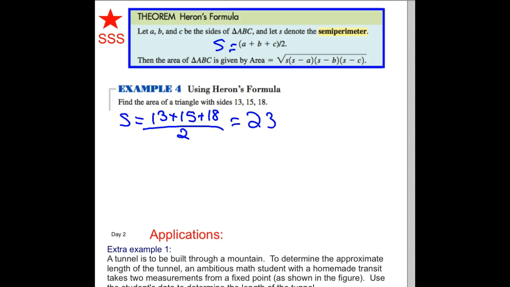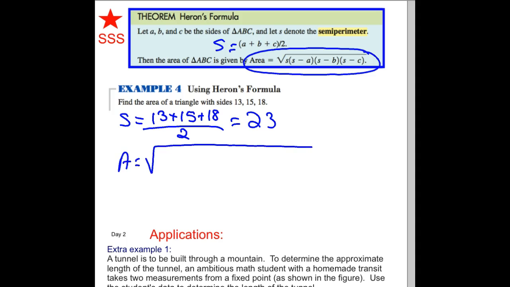And then what we do with that to find the area is this piece. It says take the square root of that semi-perimeter times the difference between that answer and each of my three sides. So S times S minus A times S minus B times S minus C. So my area here is going to be 23 times 23 minus 13 times 23 minus 15 times 23 minus 18. Well, what's 23 minus 13?